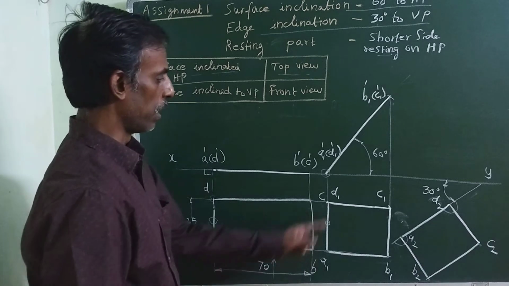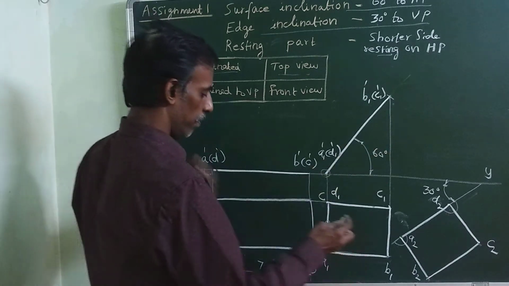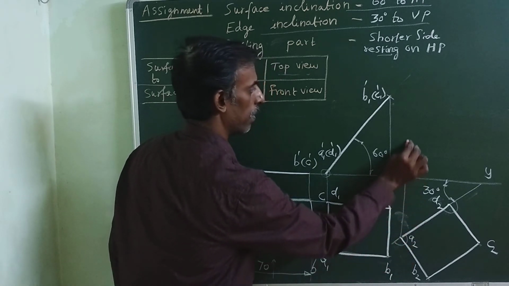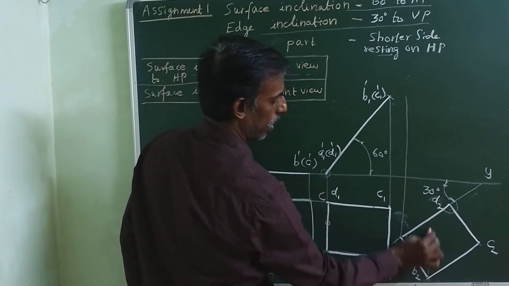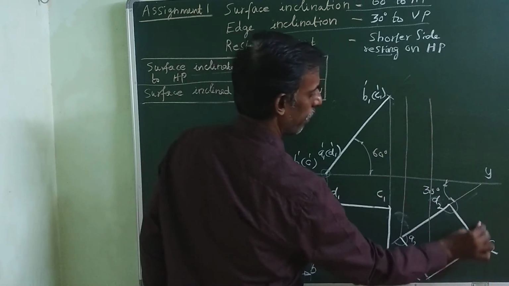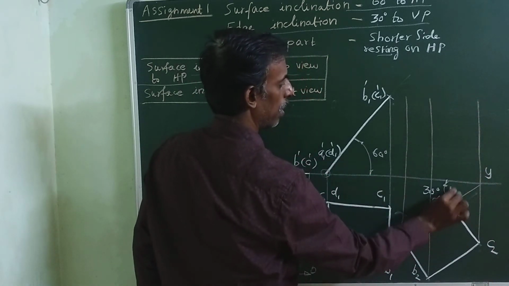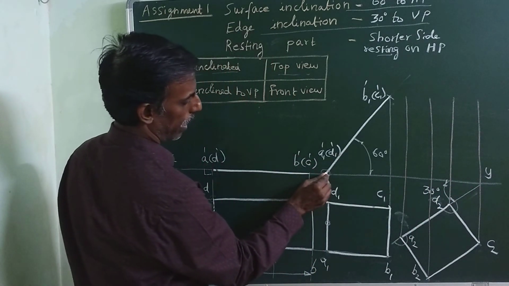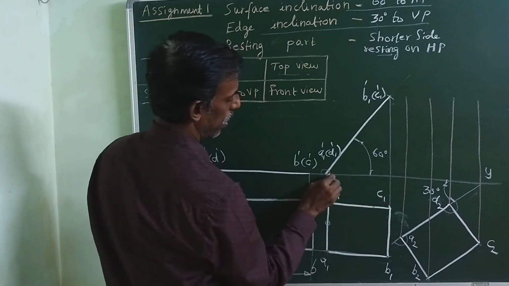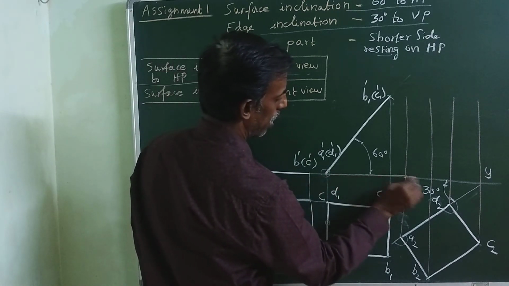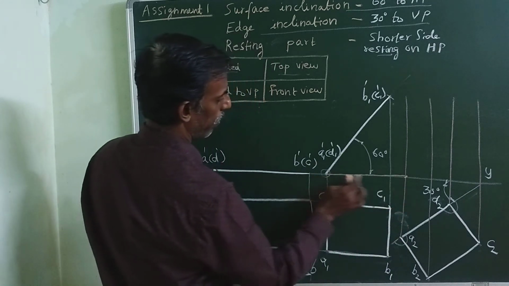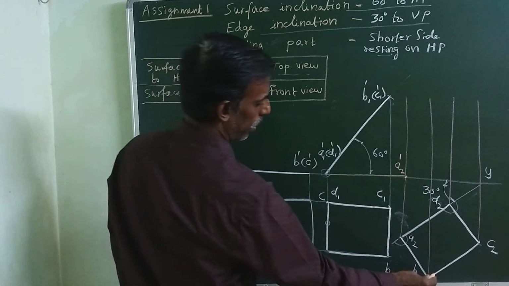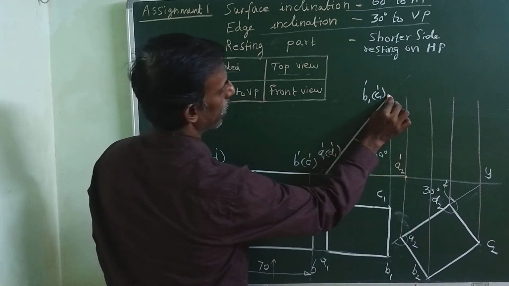Now using the projection, I am going to get the final front view. Extend A, B, C and D. Then extend A horizontally. So A2 vertically, A1 dash horizontally, forming A2 dash. Then B is here.